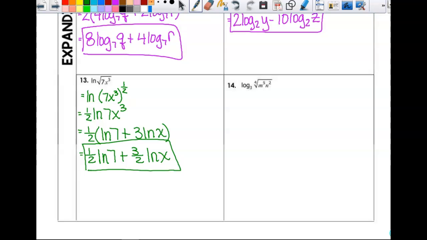All right, so we look at 14. We have a 4th root. So what is that exponent going to become? 1/4. You got it. So you do number 14.